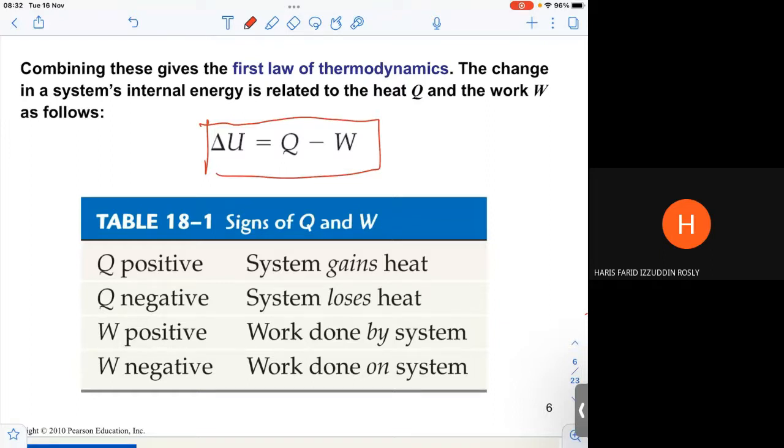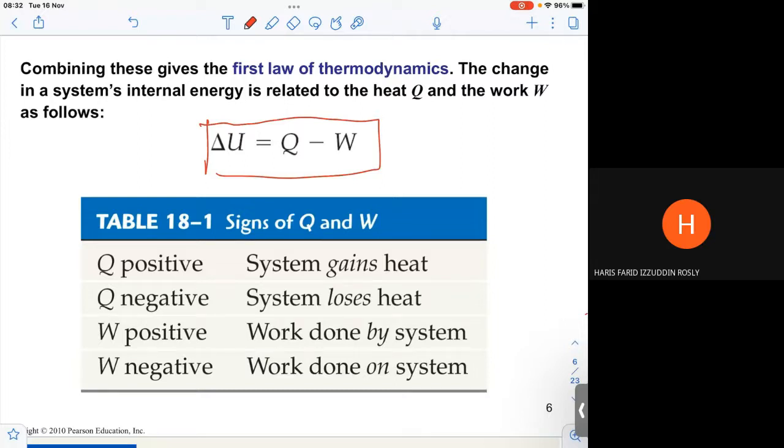In my notes, I have written down delta U equivalent to Q minus W. Q is the quantity of heat, while W is the work done.